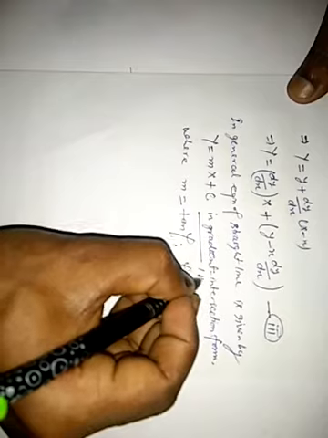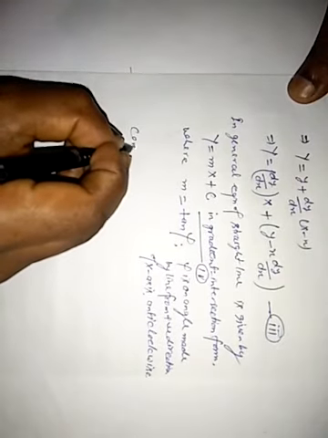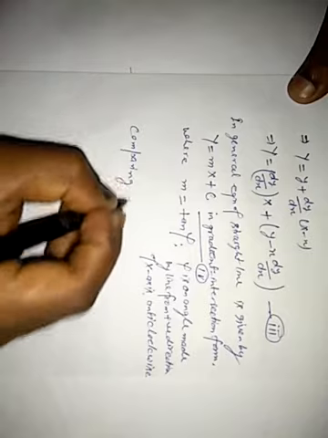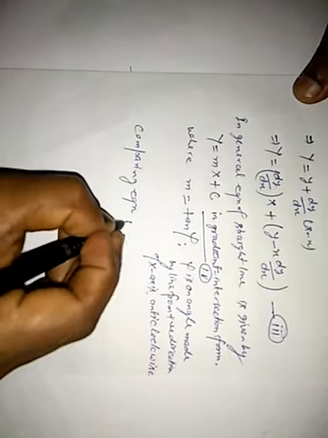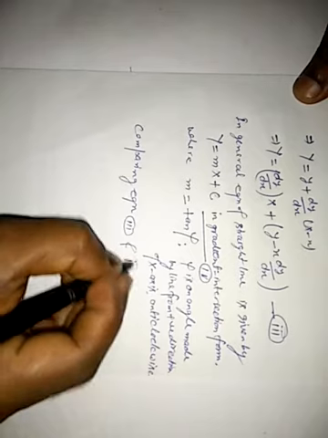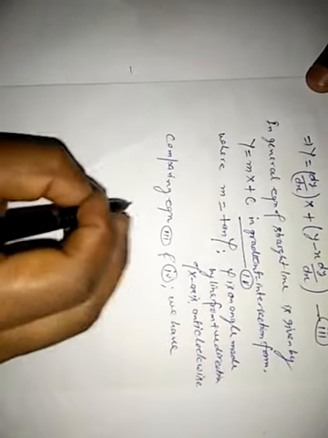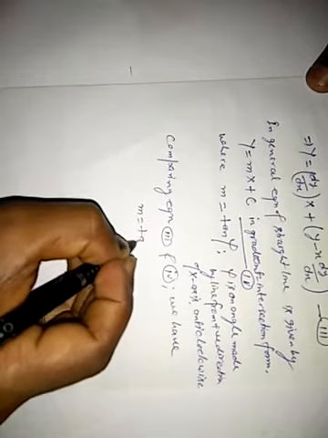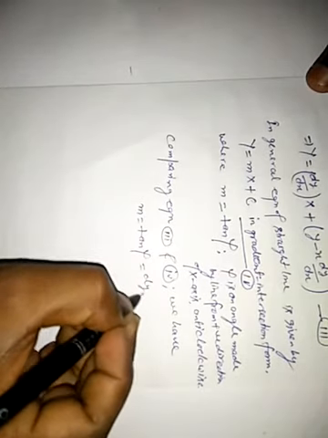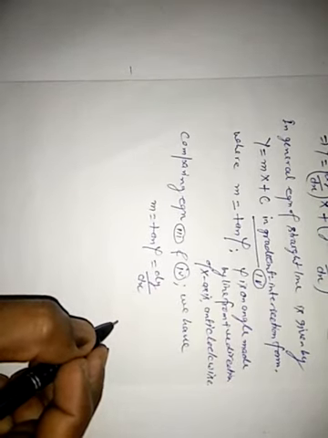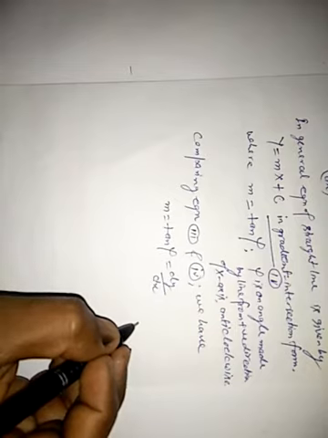Say equation number 4. Comparing equations 3 and 4, we have m is equal to tan psi is equal to dy/dx, which is equation number 5.